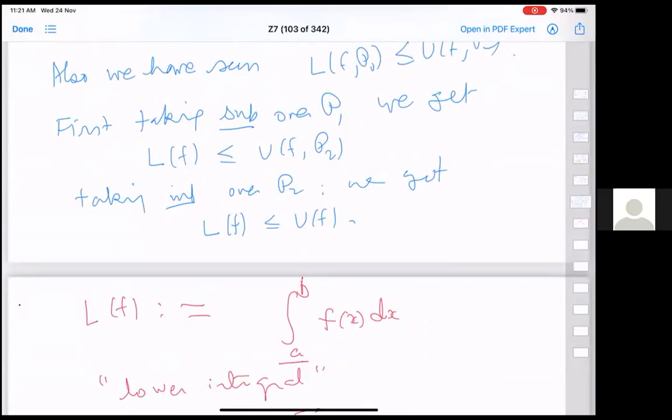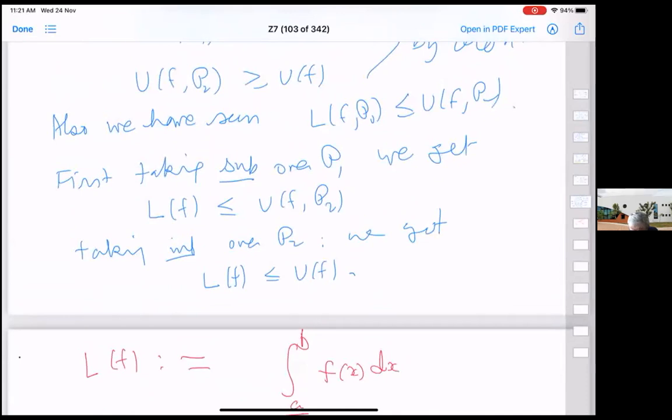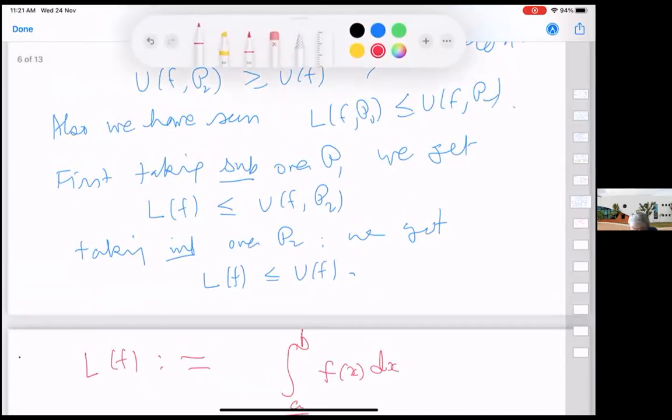See, okay, let us read this sentence again here. So firstly, with P1 and P2, we have seen that UF P1. Okay. Now, if you take supremum over P1, what happens? P2 is unchanged. So UFP2 remains UFP2. And when we take supremum over P1, LF P1 becomes LF because the lower bound is taken by taking supremum over partitions, right?